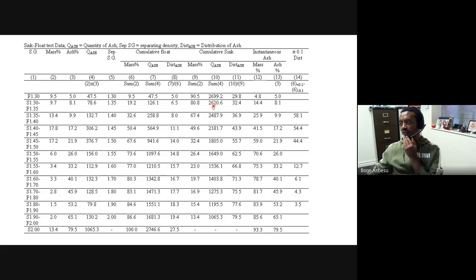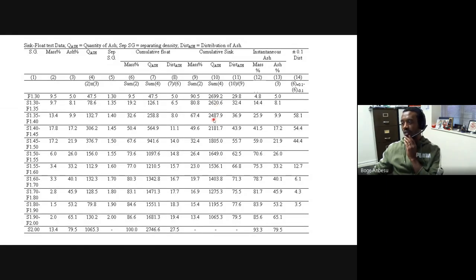So again, for specific gravity of 1.35, I know 126.1 is in the floats. Again, I say 2746 minus 126, I should get that one there.